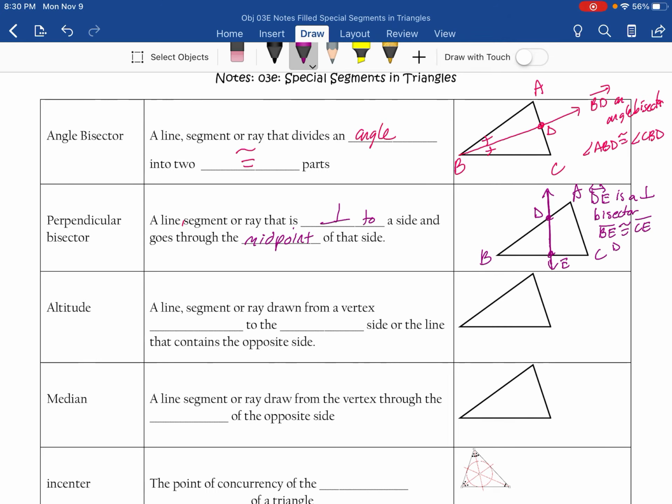You also can conclude that DE is perpendicular to BC. And you can also conclude that angle DEB and angle CED are right, that all of those angles are right.